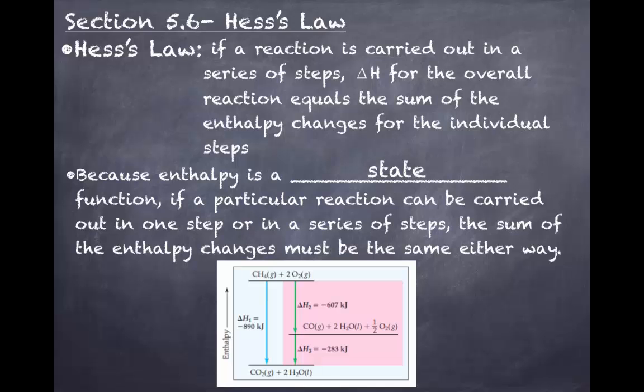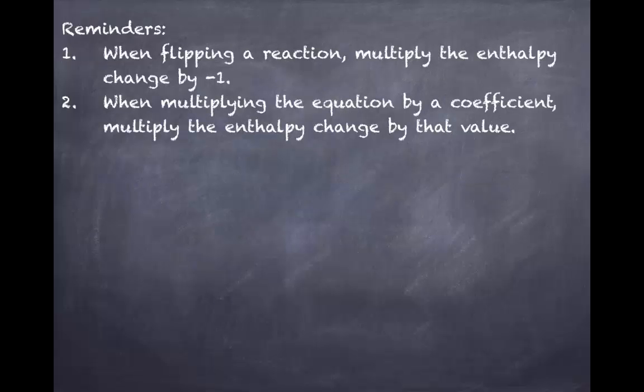If you notice though, if you sum up those two reaction enthalpies, they equal 890 kilojoules. So it doesn't matter how many steps are required, you can just sum up the enthalpies and that will equal the enthalpy of reaction.